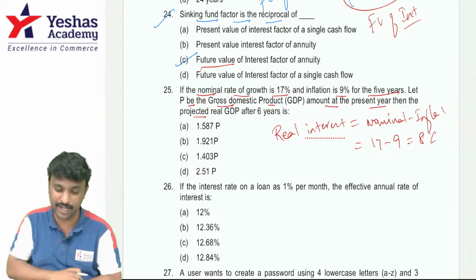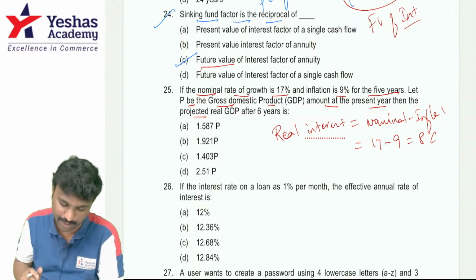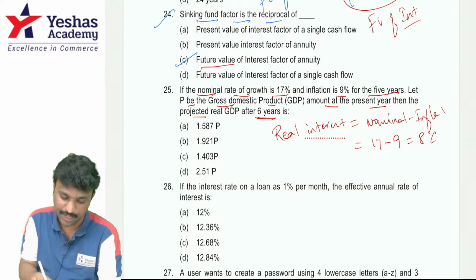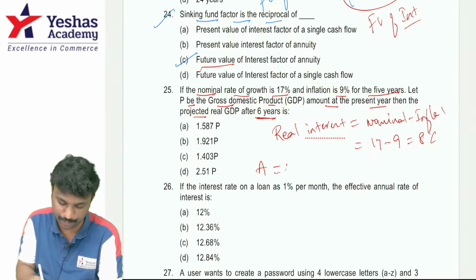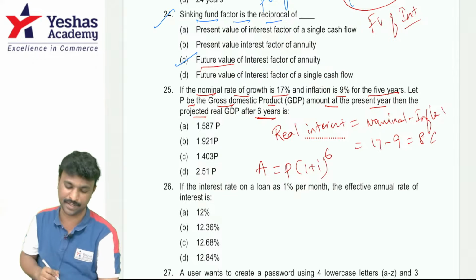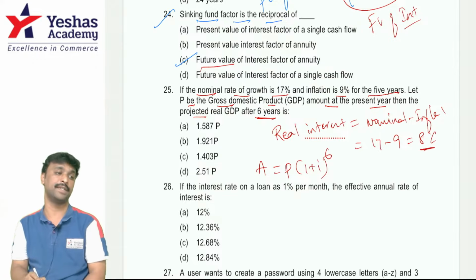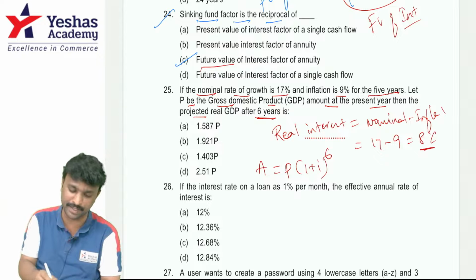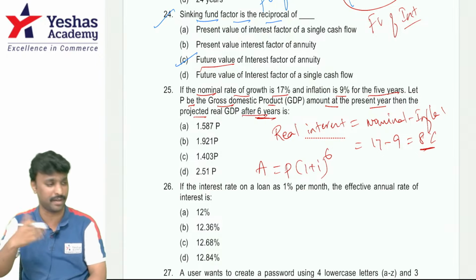Now we need to find real GDP. So real GDP after how many years? 6 years. So A is what we need to find. So P into 1 plus I whole power n, where n is 6 here and I is 8%. Why are we taking I as 8%? Since they're asking for the projected real GDP.